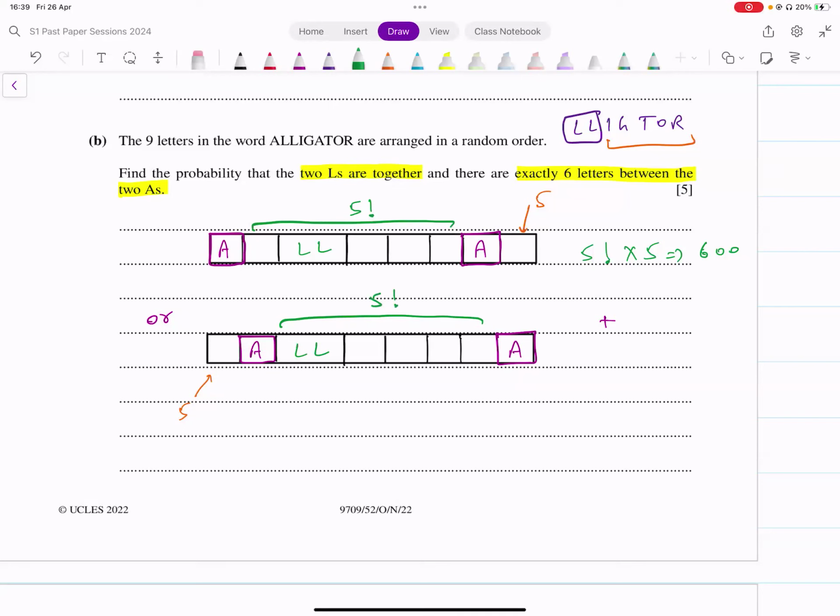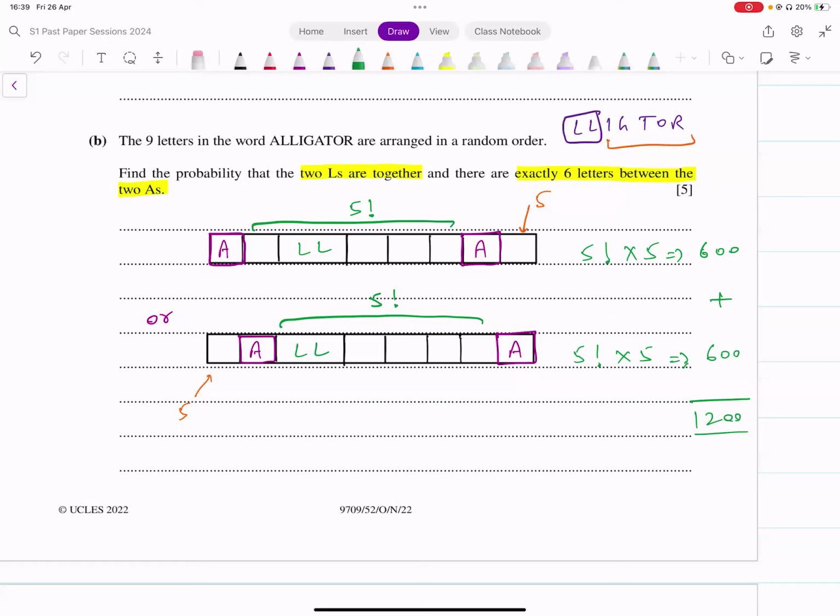So for the second case as well, you've got 5 factorial into 5 ways. What do we get from that? 600. It's either the first case or the second case. Both of them have the same number of ways of arrangements. We can just add them up together, and that gives us 600 plus 600, which is 1200. There are 1200 ways of arranging them.